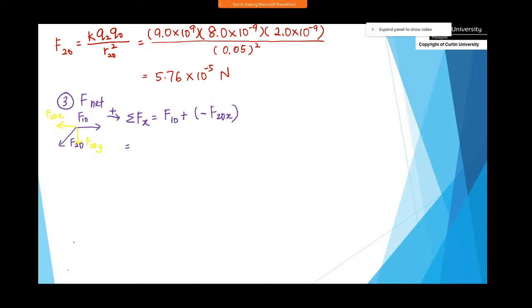Okay, so I will draw the whole picture here. This is 4 centimeters, 3 centimeters, it will be 5 centimeters, and our force.